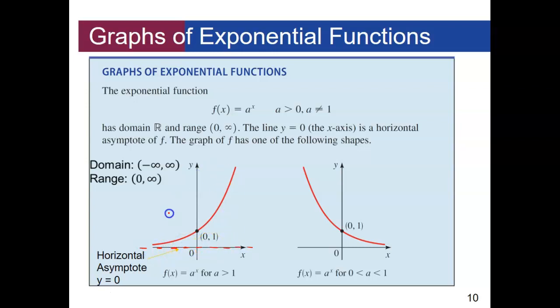Okay, so if we do any kind of shifting, any kinds of translations, the horizontal asymptote is going to go with it if it moves vertically. So that will affect the range if you're moving it vertically. If you move it horizontally, it's not going to affect anything with the domain and the range, but if you move it vertically, it is going to affect that.